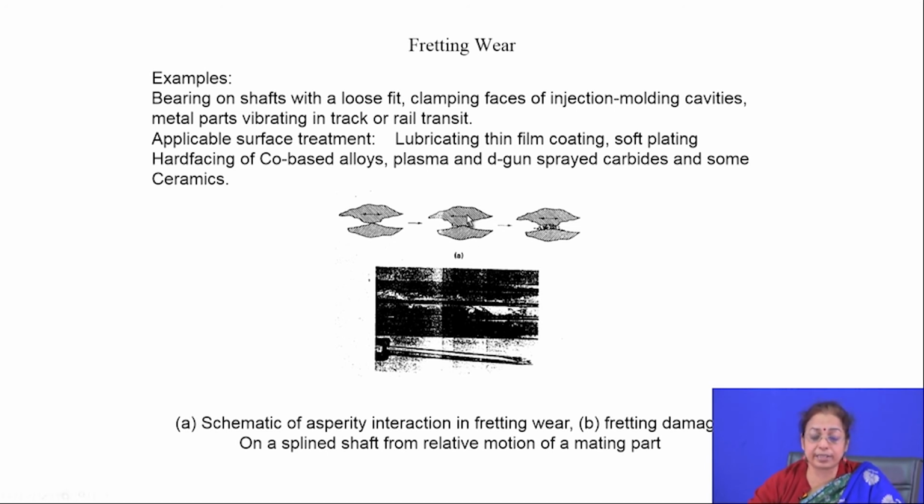In fretting wear, initially the mechanism is adhesive bond formation, and then when there is oscillatory motion, naturally there is a micro fatigue phenomenon. As a result there is subsurface crack formation, and then removal of material because of crack propagation, and subsequently the removed material gets accumulated at the interfacial region.